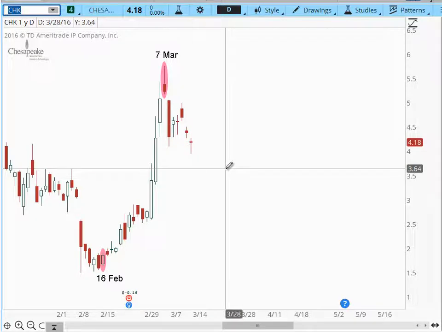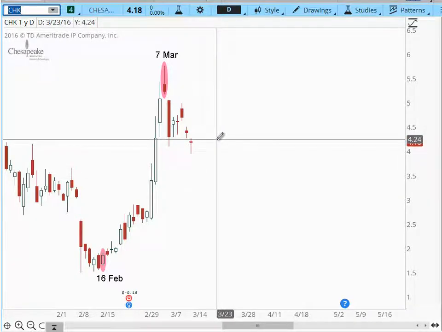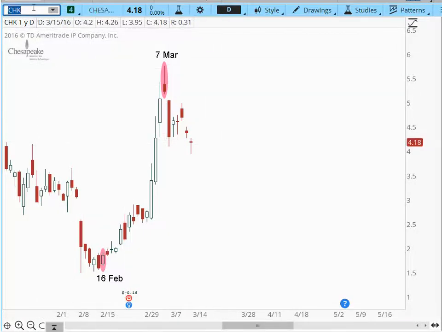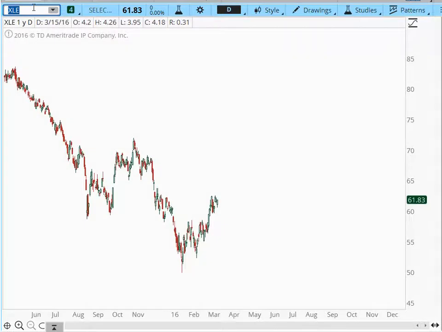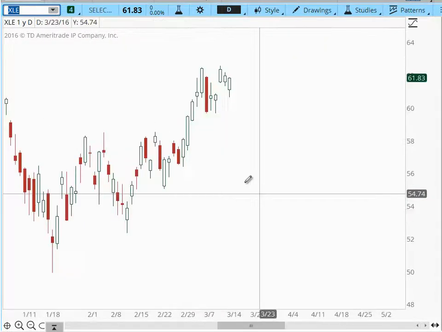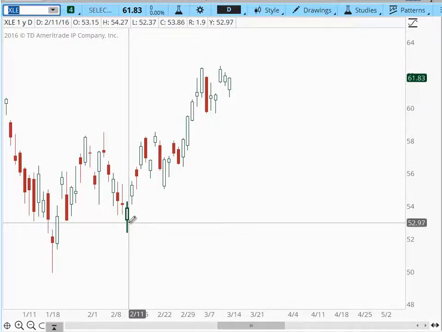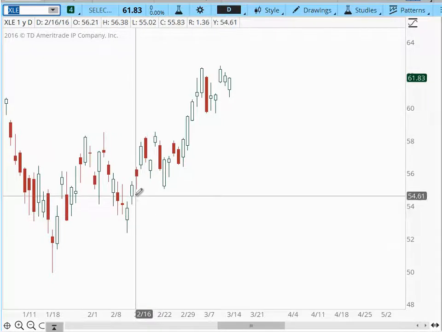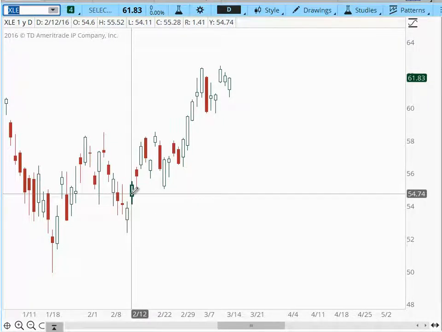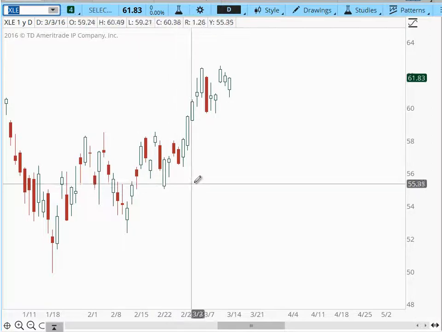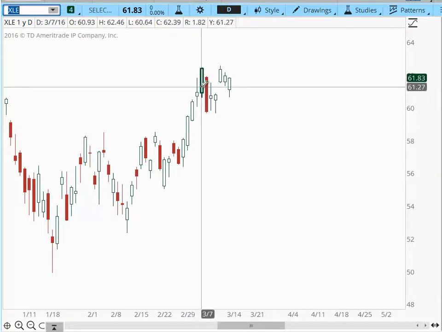So you may see that traders may like to place their money into certain energy or oil indices such as XLE. As you can see, if I place my position on the 16th itself, the price will be at about $55, $54, and it would have gone up by the 7th to about $61. So from 54 to 61, I'll gain about $7.